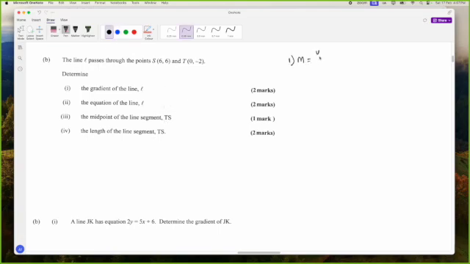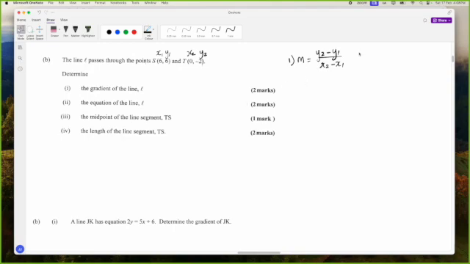The gradient m is equal to y2 minus y1 all over x2 minus x1. Let me call this x1, y1, and I'll call this x2, y2. You could do it the other way around. It would have been no problem. You would have gotten the same answer.